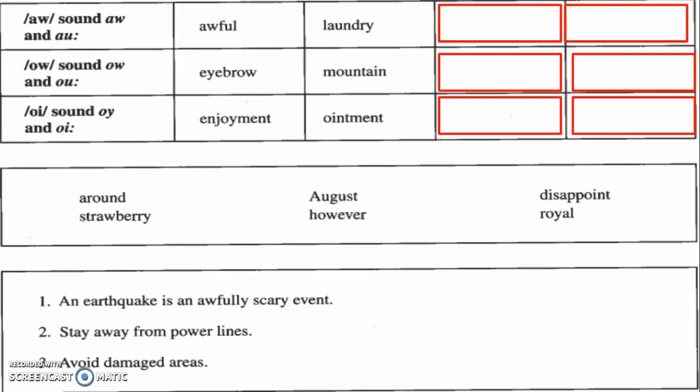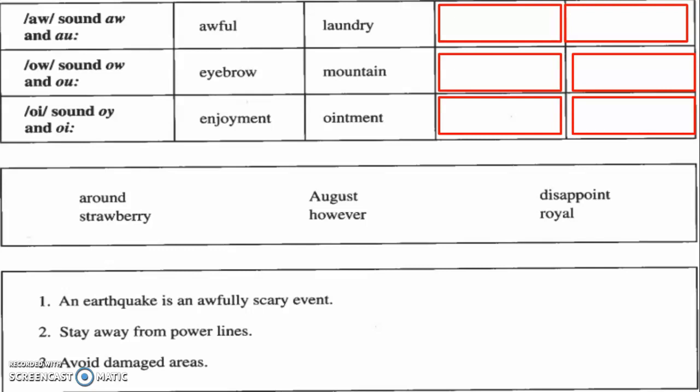In the row of ah, AW, and AU diphthongs, we have awful and laundry. The ow sound, OW and OU row. Eyebrow, mountain. On the last row, oi sound, OY, OI diphthongs.